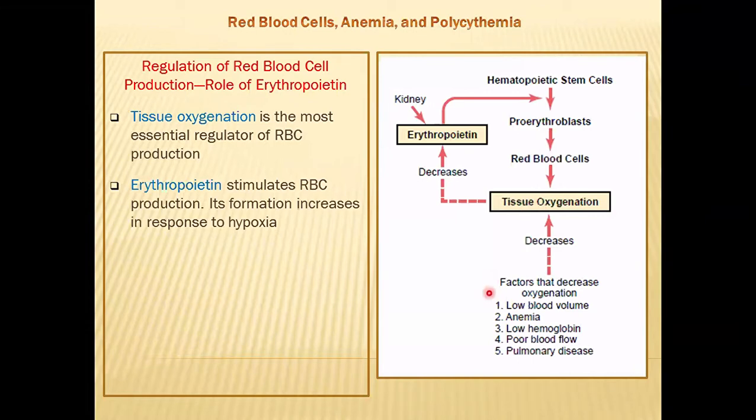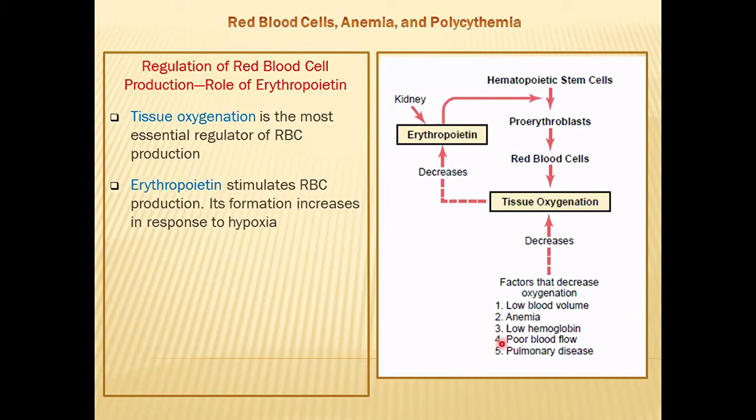Example, low blood volume, chronic anemia also, and then low hemoglobin. Ito may anemia, the hemoglobin is low. If you have low blood volume, low hemoglobin, or poor blood flow, and those persons with pulmonary diseases, okay?